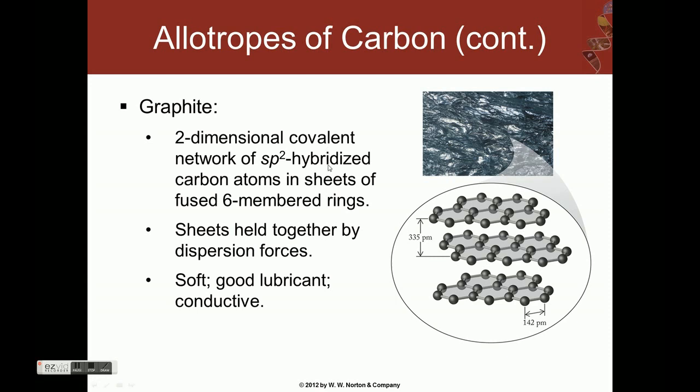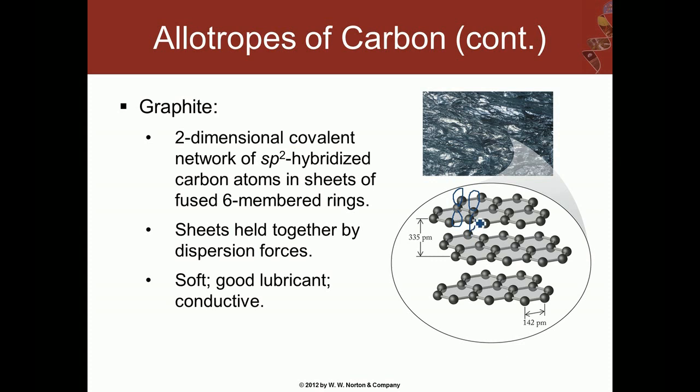But in this case, the carbon atoms have sp2 hybrid orbitals, so they make bonds to 3 other carbon atoms. Now what you don't see so well in this video is that each carbon atom has an unhybridized p orbital on it. So let's say here's a p orbital on one carbon atom, here's a p orbital on another. This neighboring carbon also has unhybridized p orbitals.